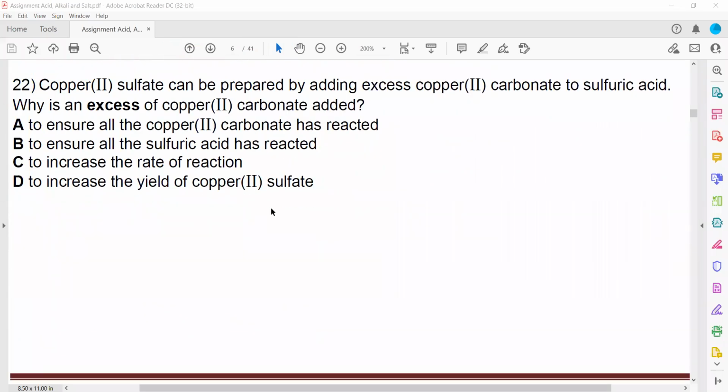Then copper 2 sulfate can be prepared by adding excess copper 2 carbonate to sulfuric acid. Why is excess copper carbonate needed? Like why do we use too much copper carbonate? Basically, copper carbonate reacts with sulfuric acid, H2SO4, and forms copper sulfate plus water plus carbon dioxide.